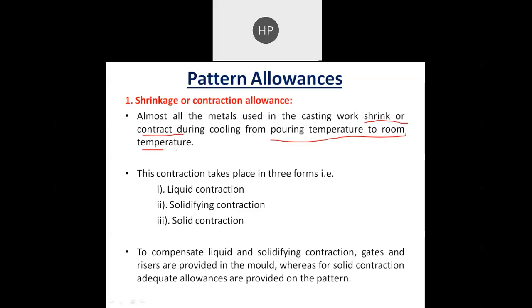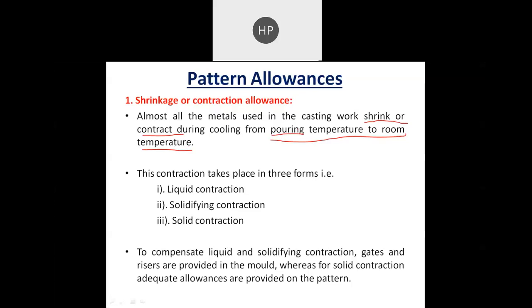So in the casting process, what do we do? We melt the metal, and then that melted metal is poured inside a hollow cavity. When it is poured inside the hollow cavity, it is in liquid form, which means it is at a very high temperature. Okay, and that temperature we consider as the pouring temperature.